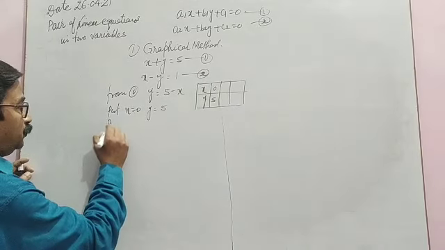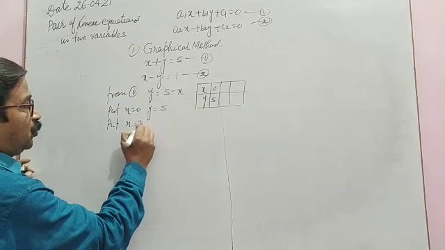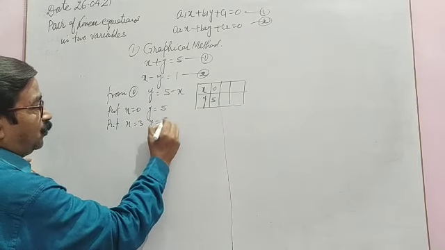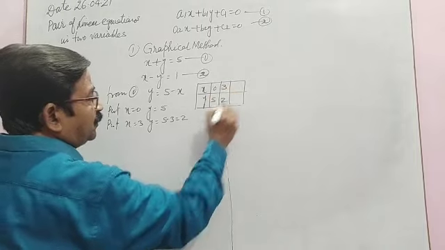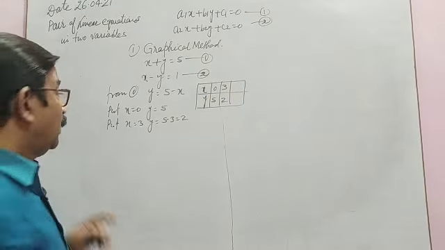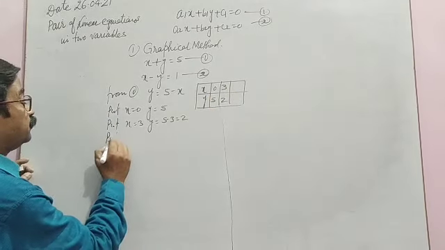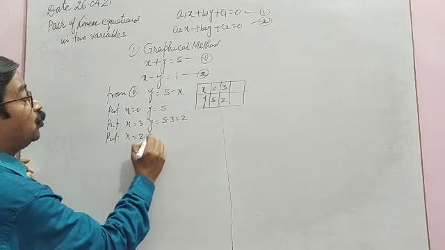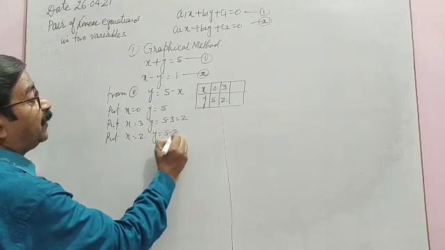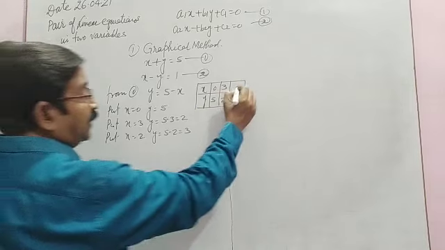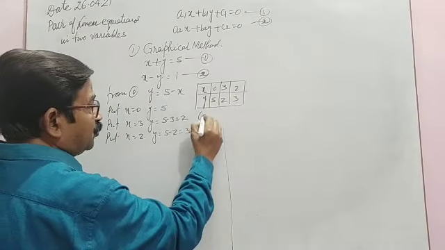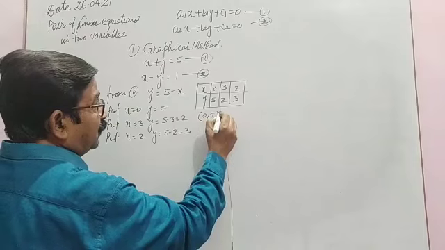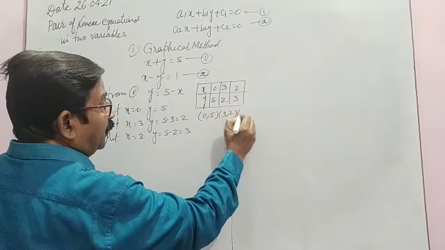Put x is equal to 3, then y is equal to 5 minus 3 is equal to 2. Put x is equal to 2, then y is equal to 5 minus 2 is 3. So we have got three solutions: (0, 5), (3, 2) and (2, 3).